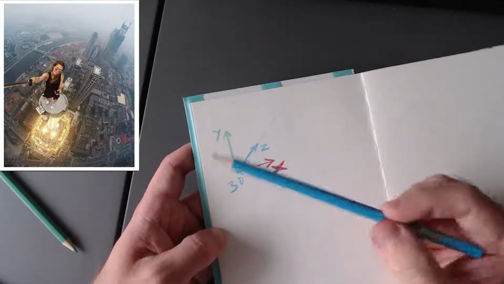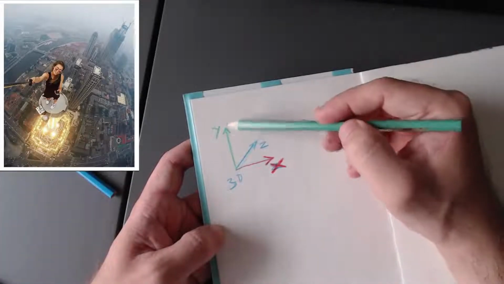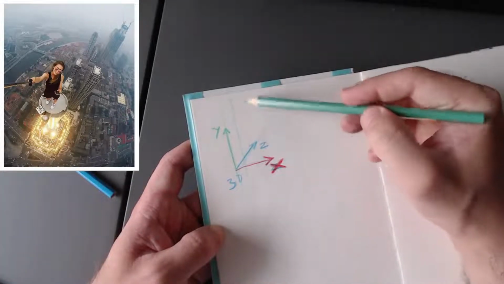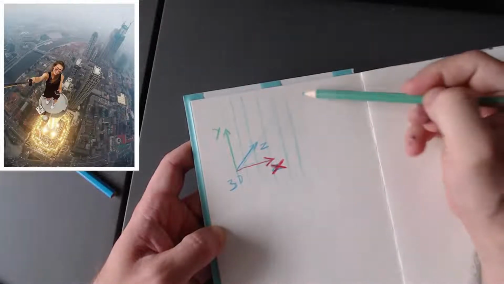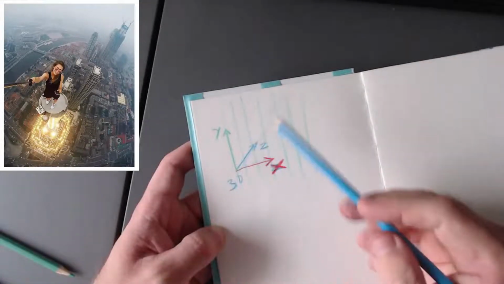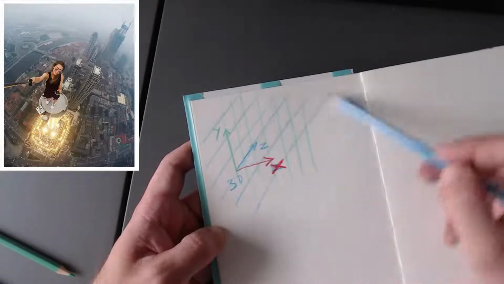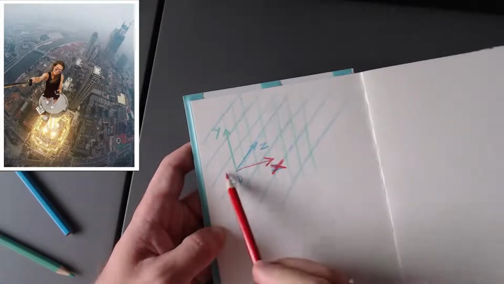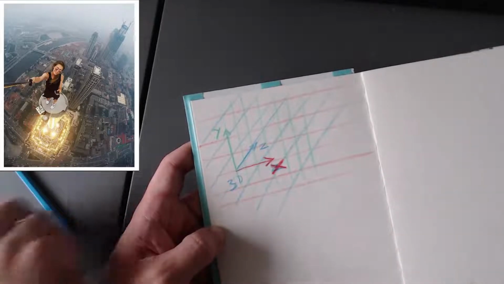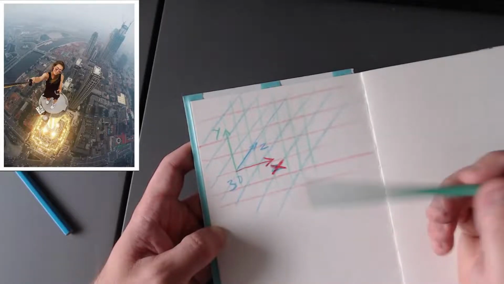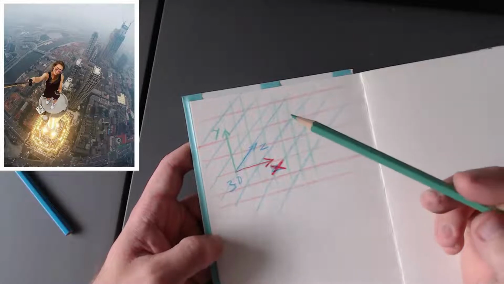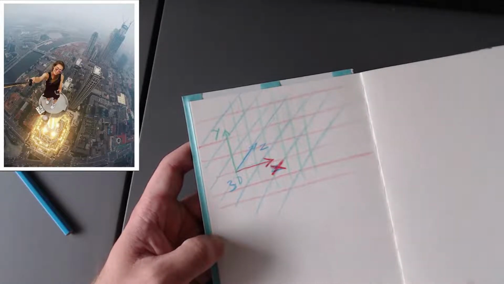Okay. So a perspective grid is when we repeat this axis. In this sense, Z will be like this, and we repeat X. So now we have three sets of lines where each line represents an axis of a dimension.